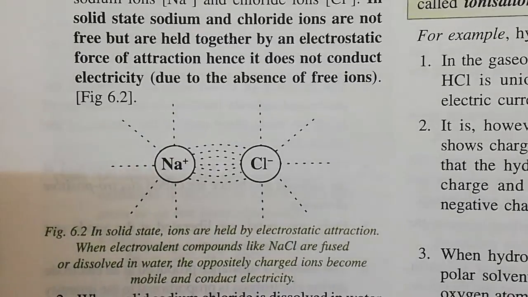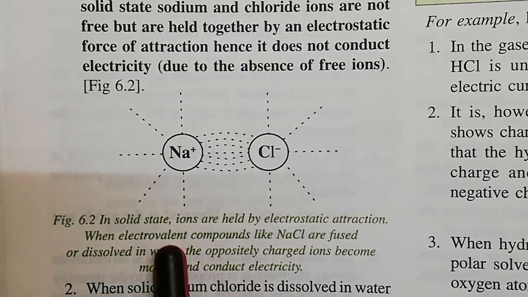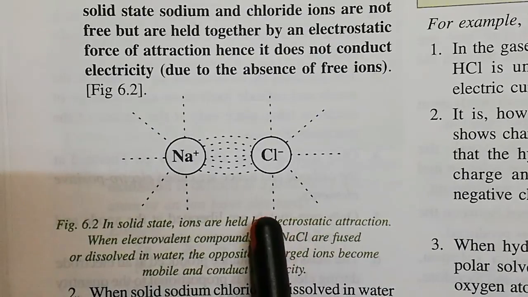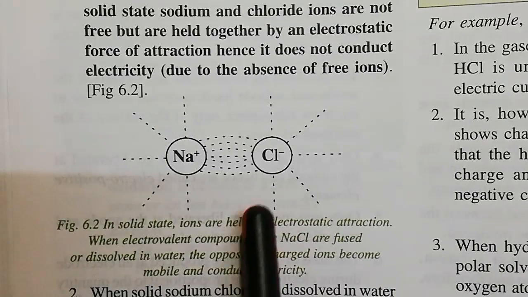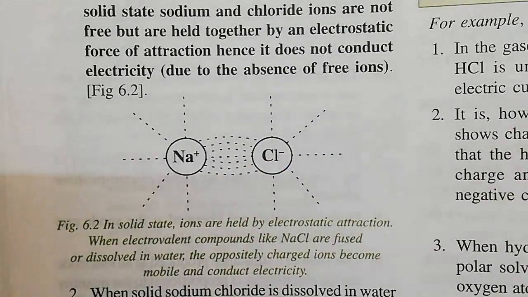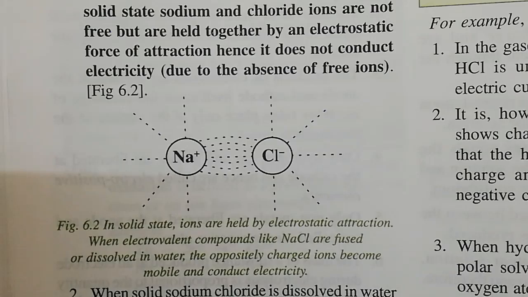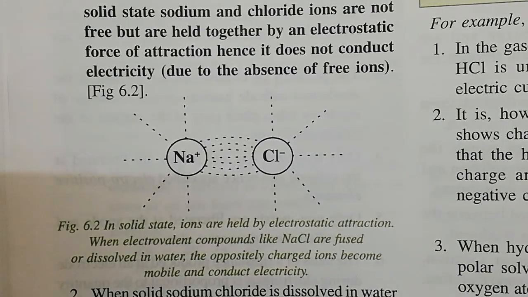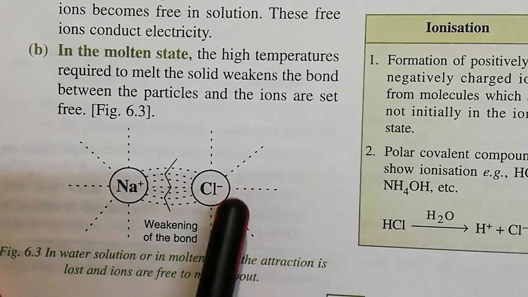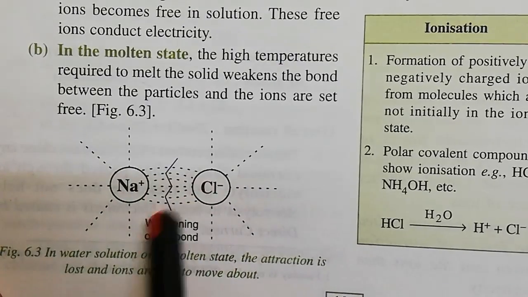So how does electrolytic dissociation of sodium chloride occur? It has been pictured, and can you see here the sodium ion and the chloride ion, an electrovalent compound having electrostatic attractive force between the sodium cation and the chloride ion. Okay, in solid state the ions are held by electrostatic attraction.